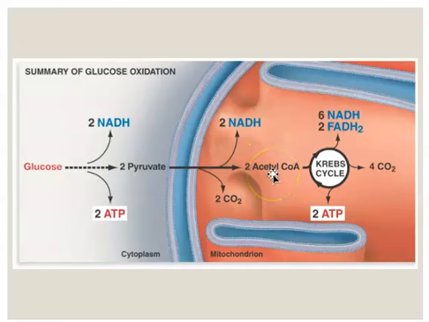The acetyl-CoA is then fed into the Krebs cycle. It will be oxidized to carbon dioxide. We'll reduce NAD. We'll also reduce FAD. And we'll make some ATP along the way. This is a nice summary diagram for us.